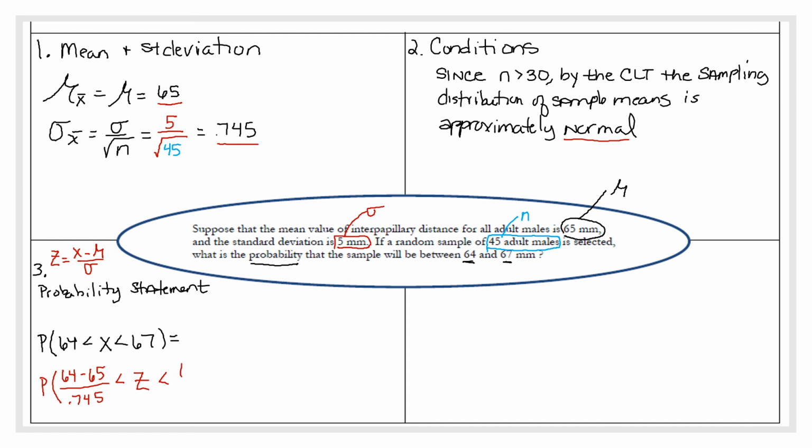And then 67 minus 65, over 0.745. Okay, so now I've written the probability statement. That means step 4 is going to be to calculate the probability.